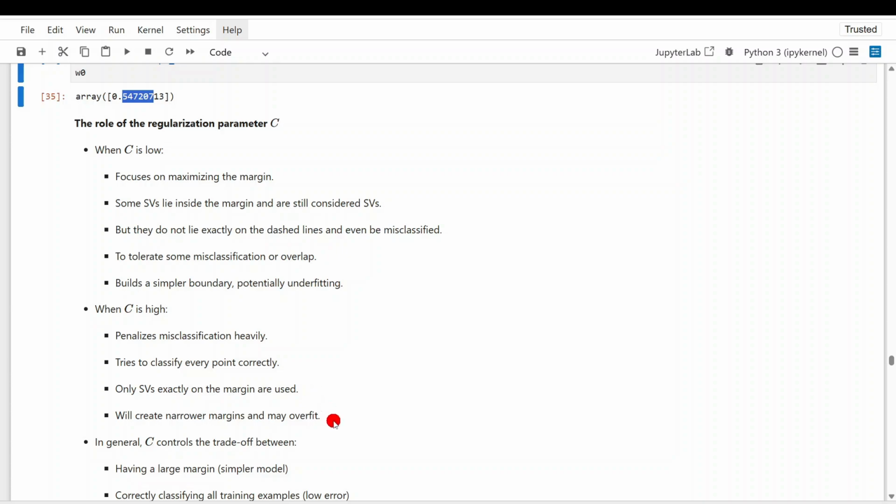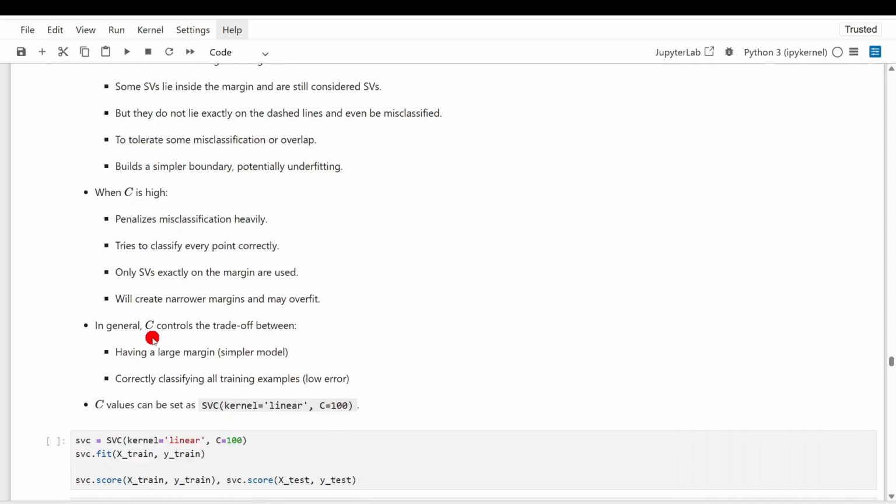That means the model may have good performance on the training set, but its performance on the test set could be bad. Therefore, in general, the regularization parameter C controls the trade-off between having a larger margin or a simpler model, and classifying points correctly, or just having a low training error.